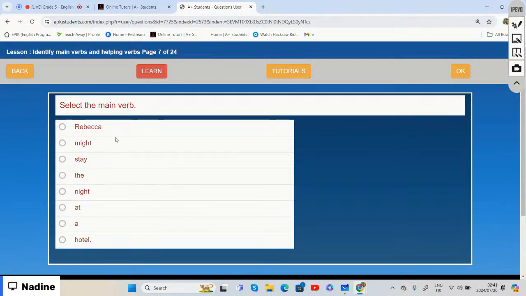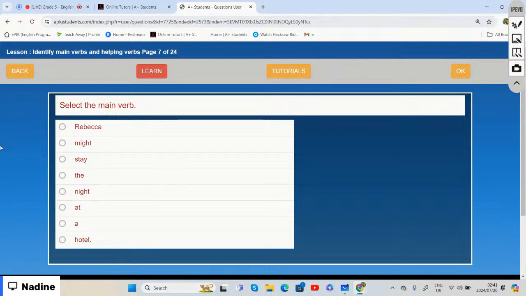It says Rebecca might stay the night at a hotel. So Rebecca might stay the night at a hotel. We need to select the main verb as well. Actually, the main verb.